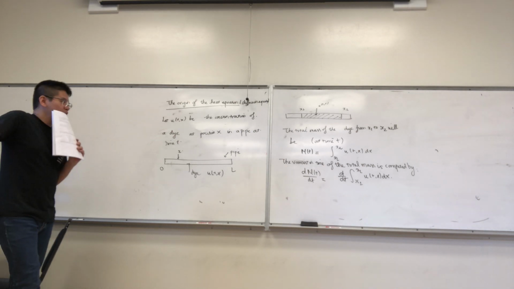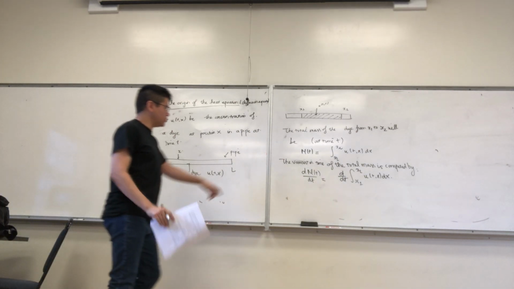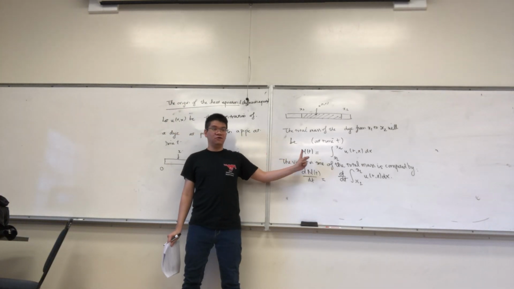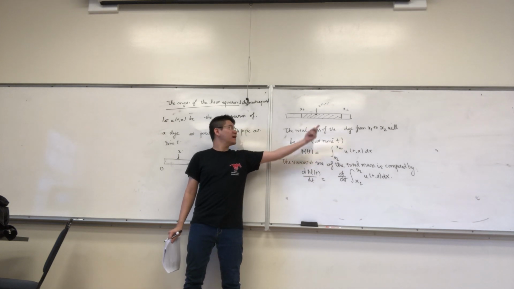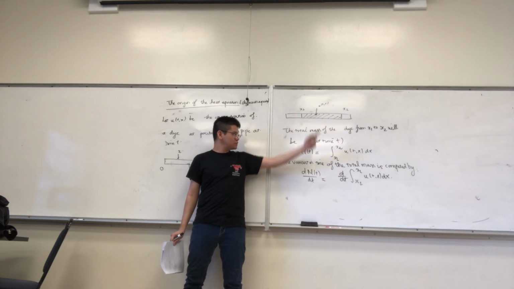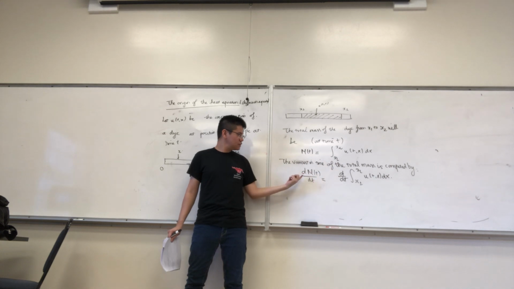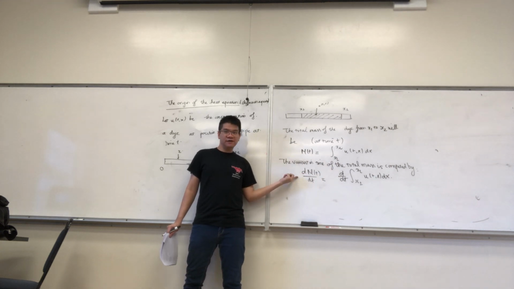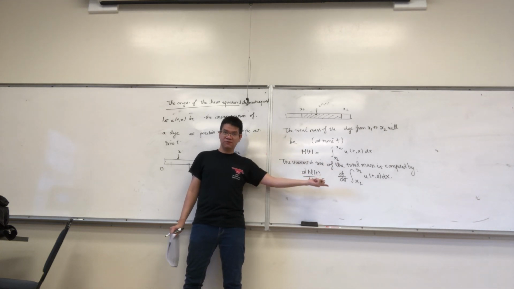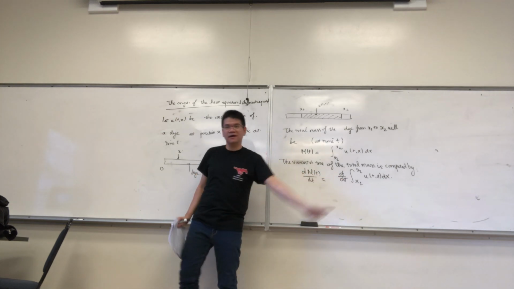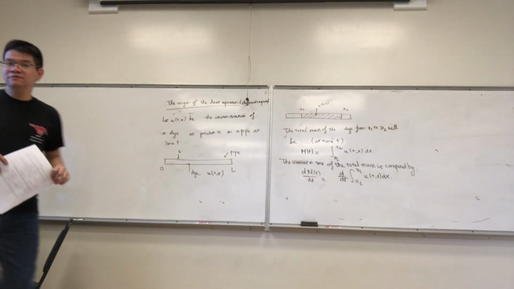So if I want to see the variation in time of the total mass of the dye from position x1 to x2, I'm going to have to differentiate in time this quantity. So what is this derivative?